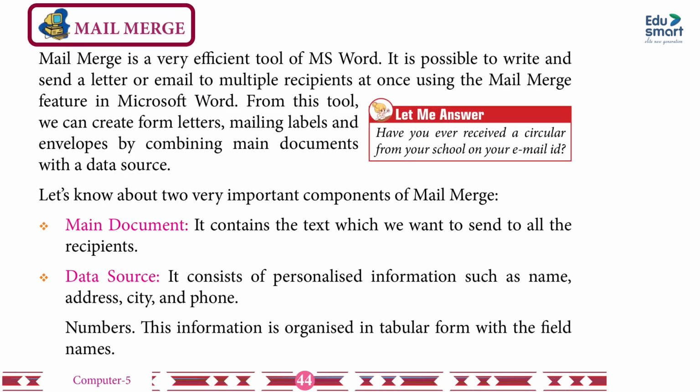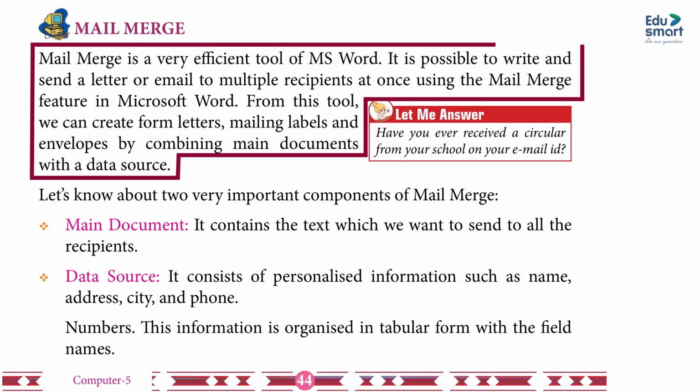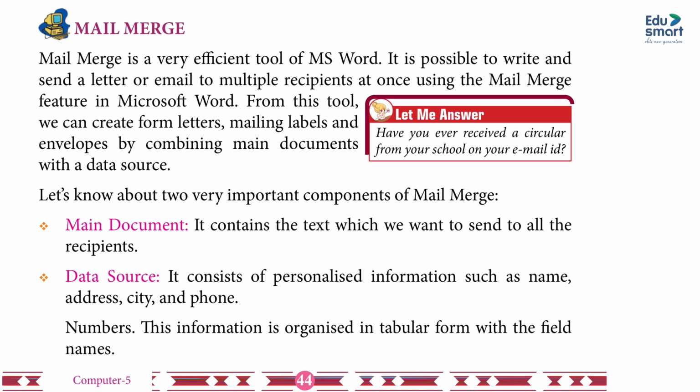Mail Merge. Mail Merge is a very efficient tool of MS Word. It is possible to write and send a letter or email to multiple recipients at once using the Mail Merge feature in Microsoft Word. With this tool, we can create form letters, mailing labels, and envelopes by combining main documents with a data source. Let me answer: have you ever received a circular from your school on your email ID?